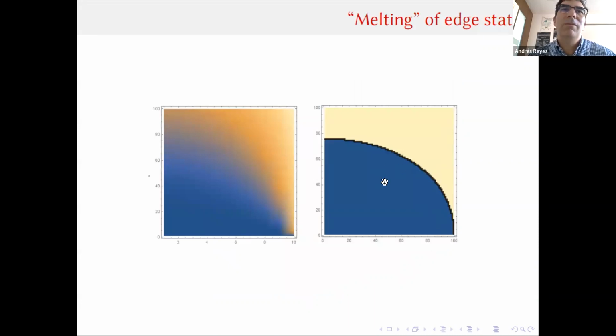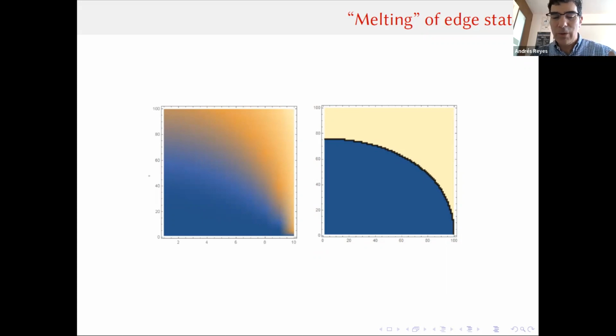This is still a preliminary result, but now I have moved to the Kitaev chain, and I am comparing a computation of the geometric phase. The vertical axis is temperature, and the horizontal one is one of the parameters in the Hamiltonian. These two colors give us a sense of whether there are edge states or not.